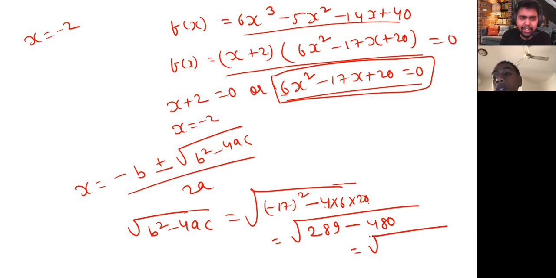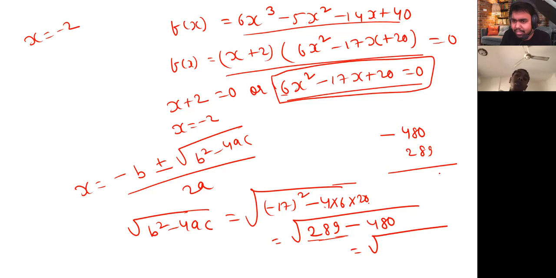When I subtract, I will get something in negative, because this much is positive. See, I am subtracting 480 from 289. Now try to subtract. So here we would be having 1, here 9, and here 3 minus 2, 1. Means in root minus 191, not real root.